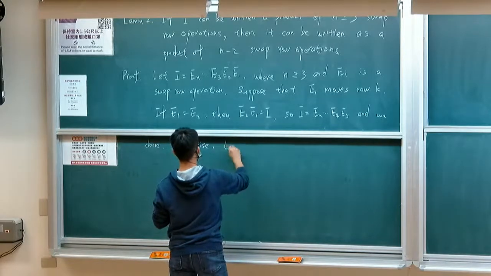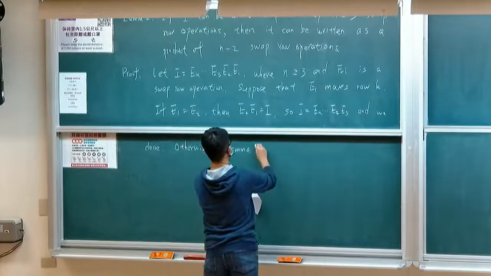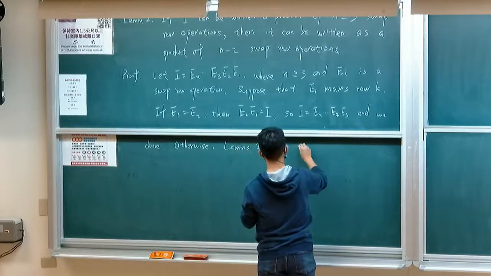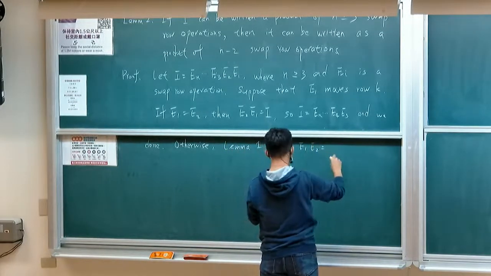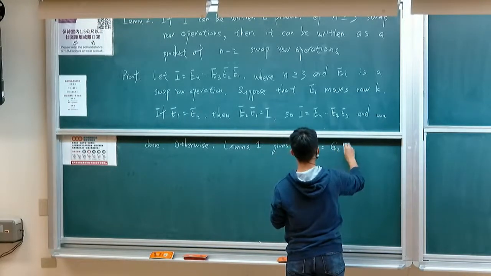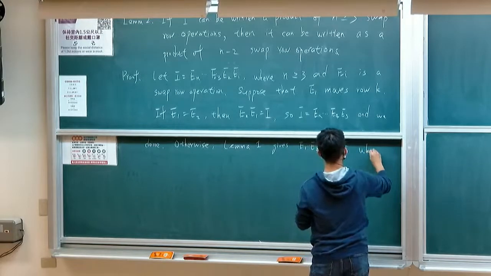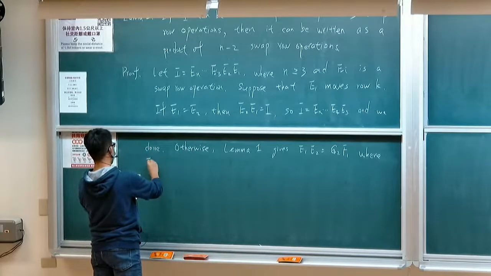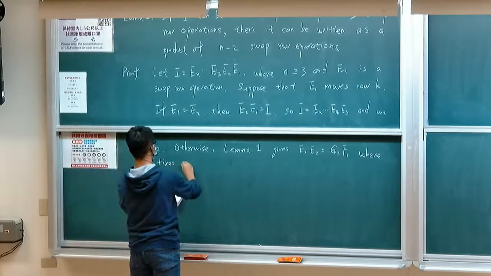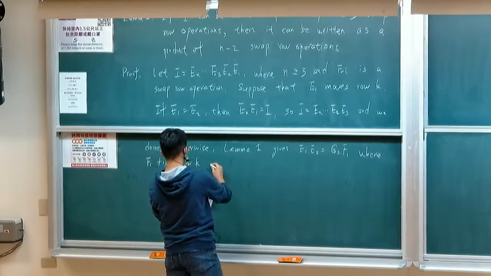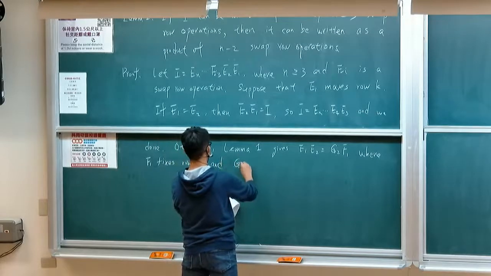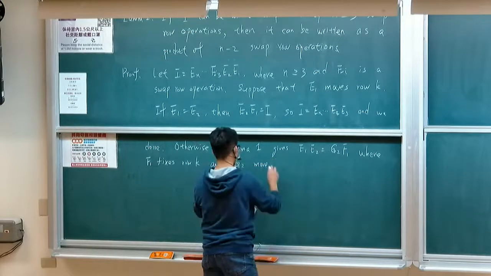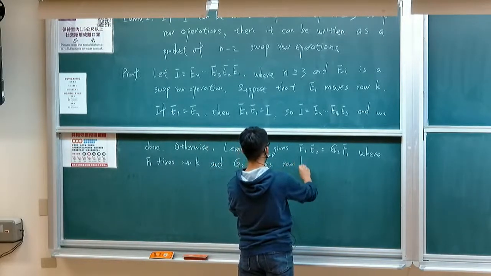Lemma 1 gives E2 E1 is equal to some G2 F1, where F1 fixes row K and G2 moves row K.